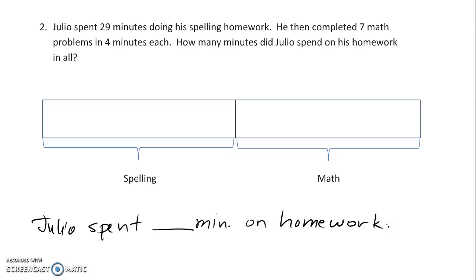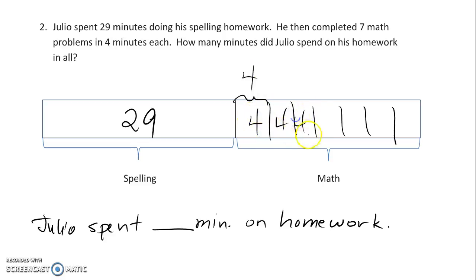All right, so let's go back. 29 minutes doing spelling. That's the whole spelling thing. He then completed 7 math problems in 4 minutes each. So here are my 7 problems, and each one is 4.